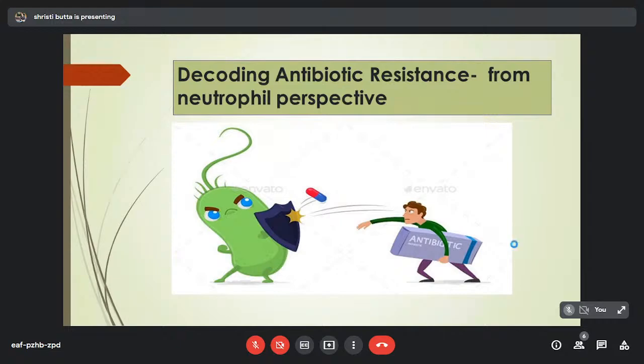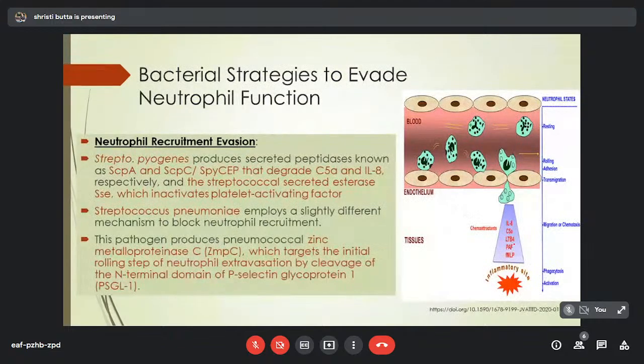Yes, let's move in. Now, bacteria have strategies to evade neutrophil function. Streptococcus pyogenes produces secreted peptidases known as SCPA and SCPC. They degrade the complement protein C5a and interleukin 8. Remember, these are chemoattractants.